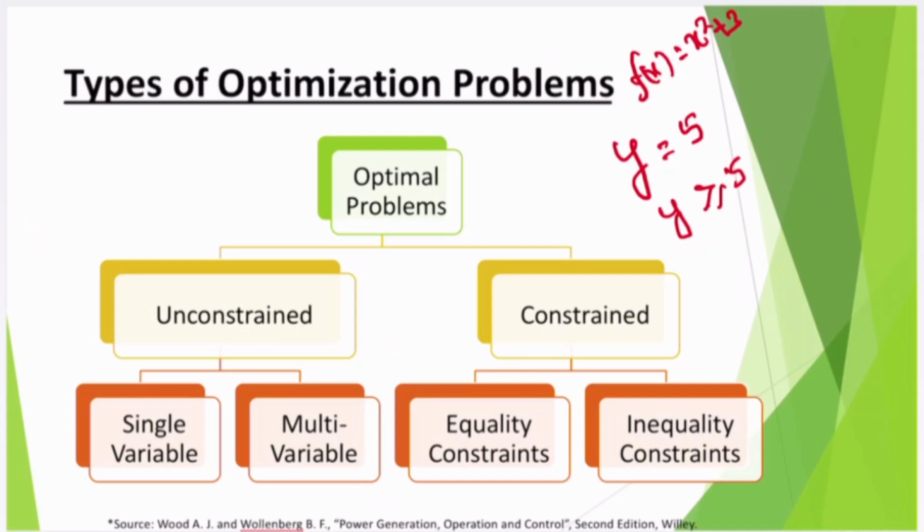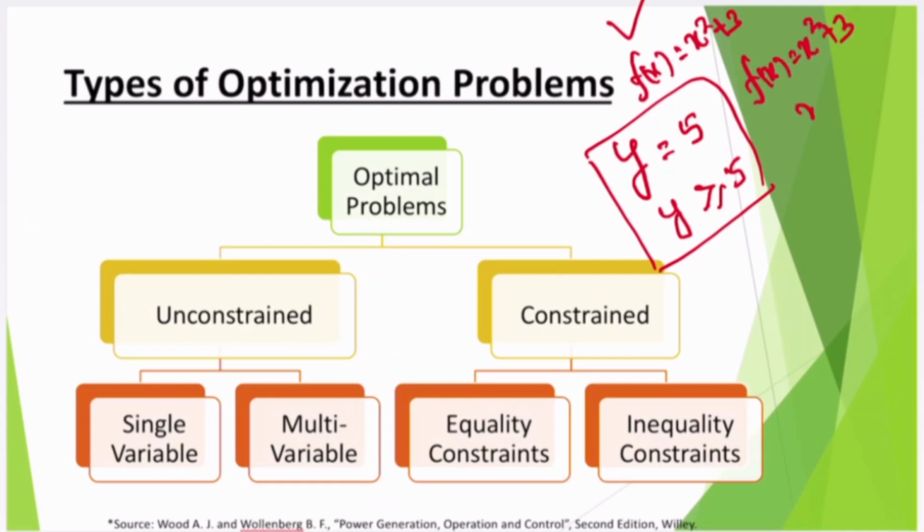If I do not have any constraint and only have to optimize this function, then that is my unconstrained optimization problem. But if I have to do this and put a limit on the variable, for example, f of x equal to x square plus 3, and x must be less than or equal to 5, then that optimization problem becomes a constrained optimization problem of a single variable.